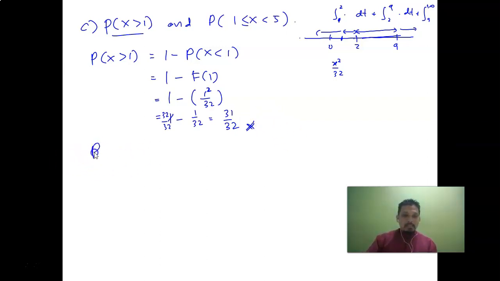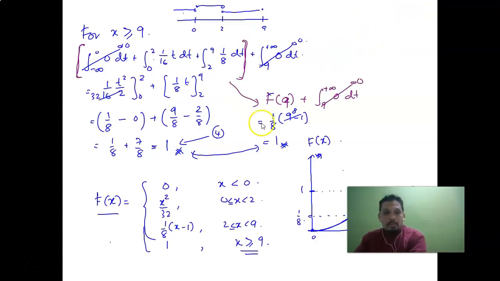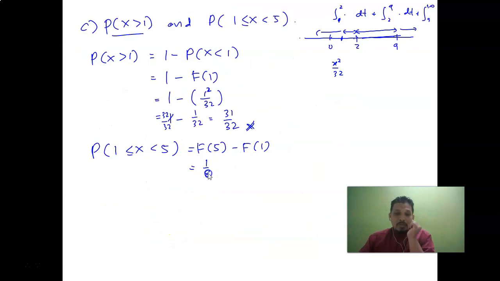Okay, and then probability of X from 1 until 5. So we take this as F(5) minus F(1). Okay, and F(5), 5 lies in between 2 and 9, and the function involved is 1 over 8 times x minus 1. So 1 over 8 times 5 minus 1, minus F(1).